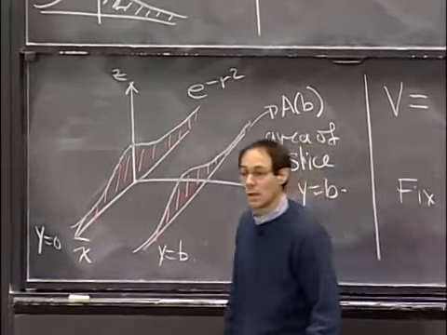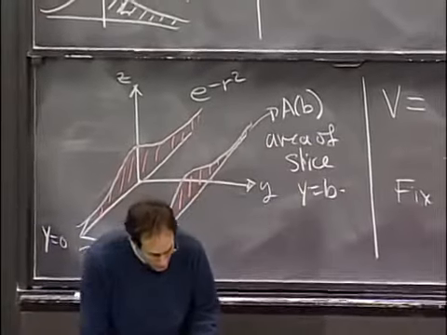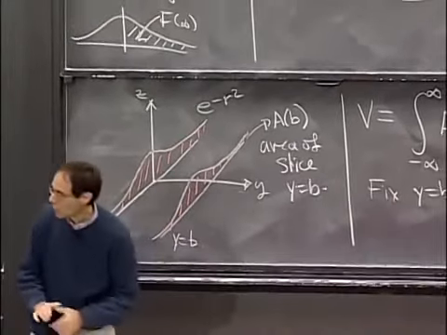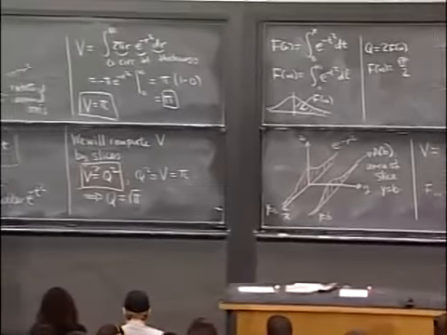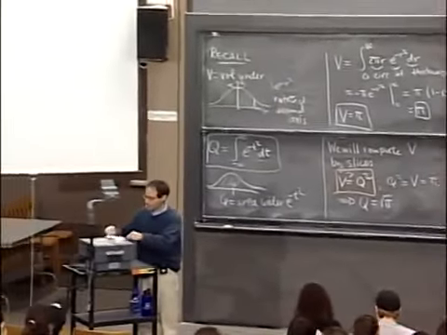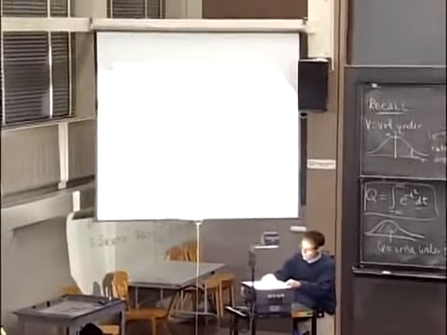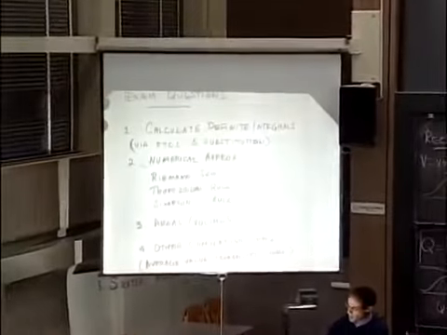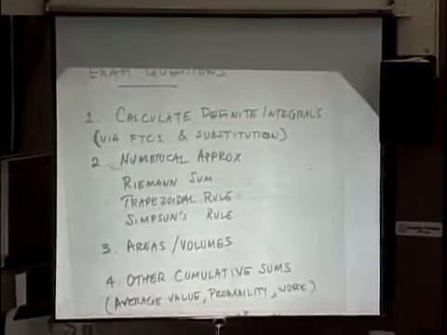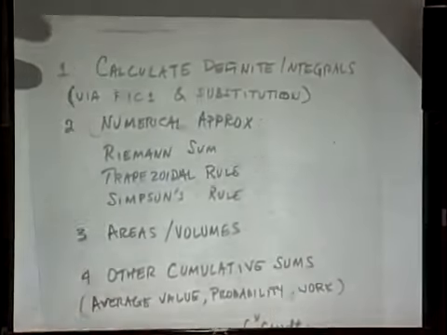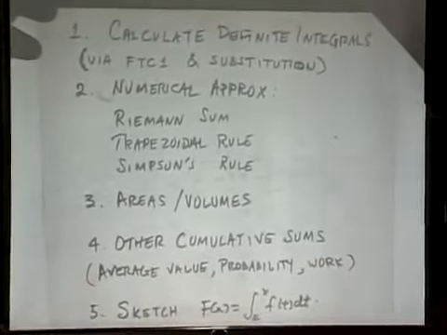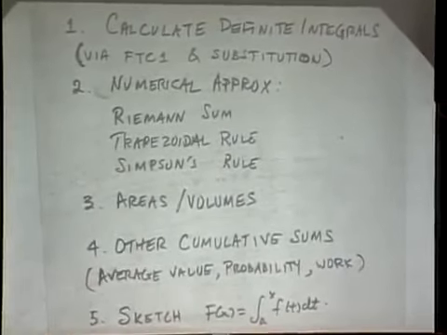All right. Now, I have given you a review sheet, and I want to run through briefly what's going to be on the exam. This list of exam questions is what's going to be on the exam. Sorry, this is not displayed correctly. There are 5 questions on the exam.